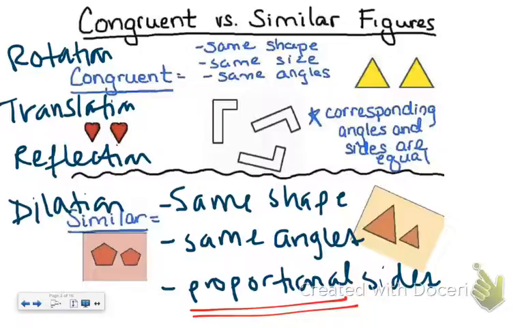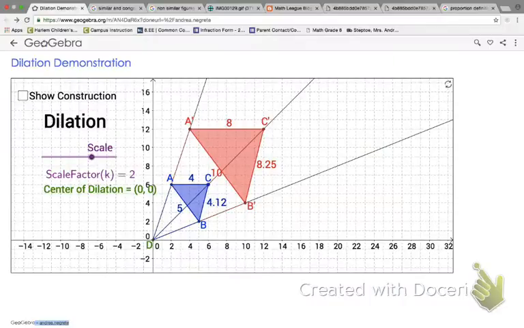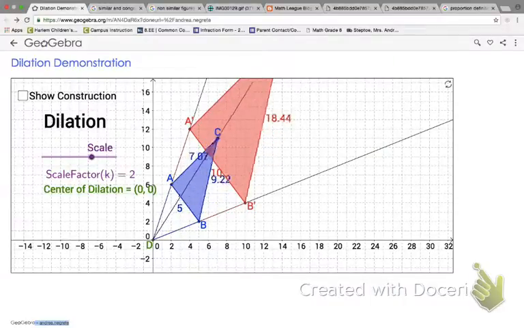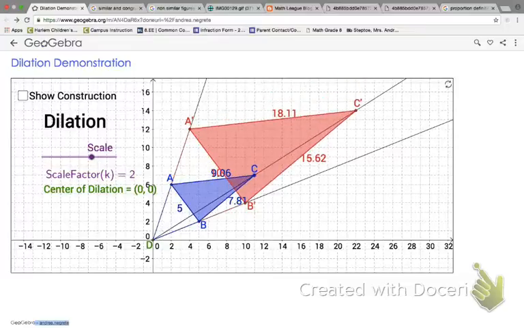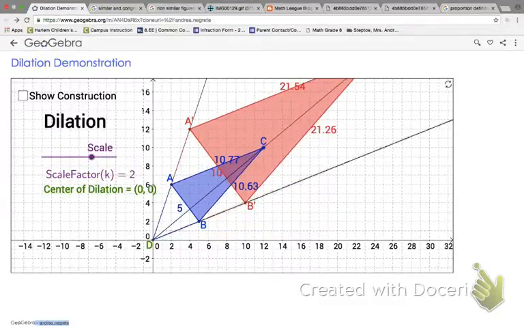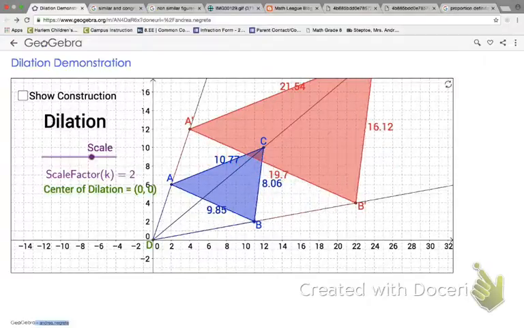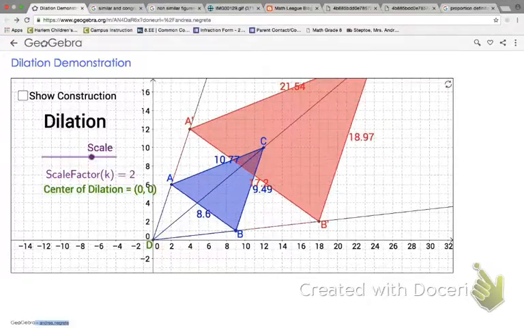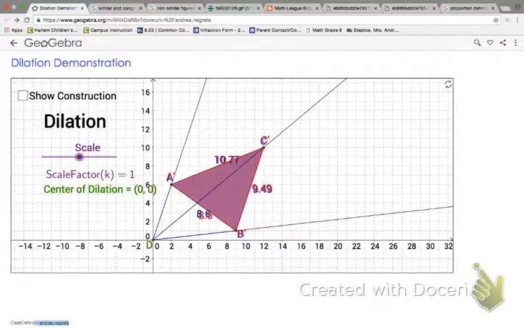Each side changes by the same amount so that it remains proportional. So no matter what side lengths we have for our triangle, when we are dilating by a scale factor of 2, the side lengths are still in proportion to one another. They grow by the same amount. Or similarly, if we are shrinking or reducing our image, then they would get smaller by the same amount.